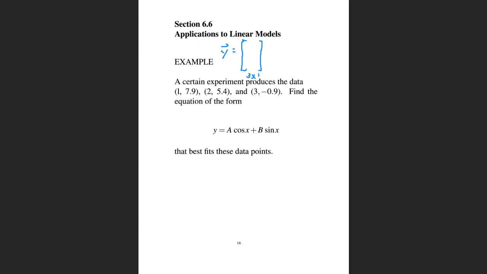Here's a data point, here's a data point, here's a data point. Very good. 7.9, 5.4, and negative 0.9. Okay, that's your y vector.